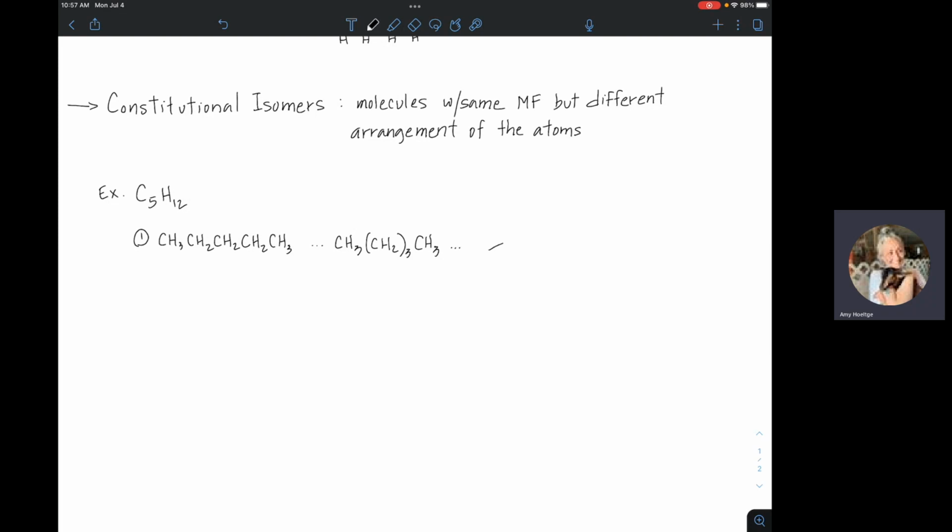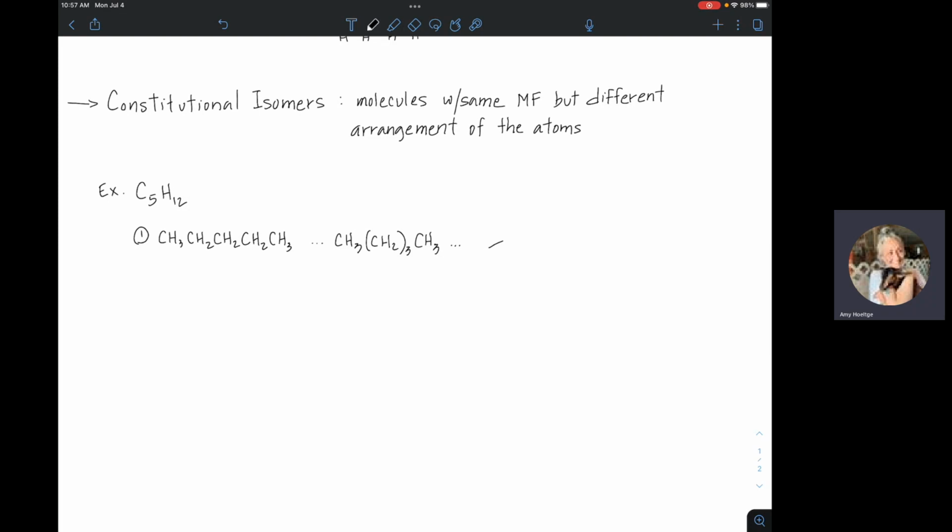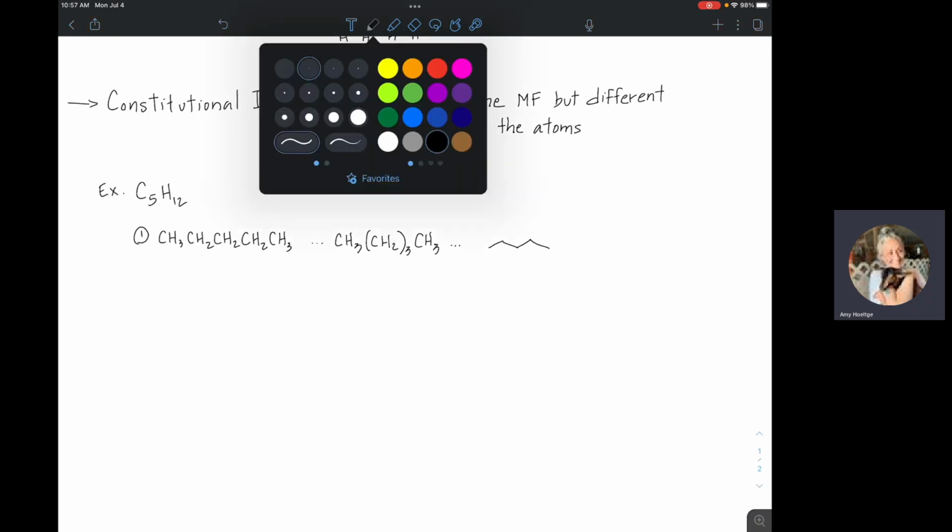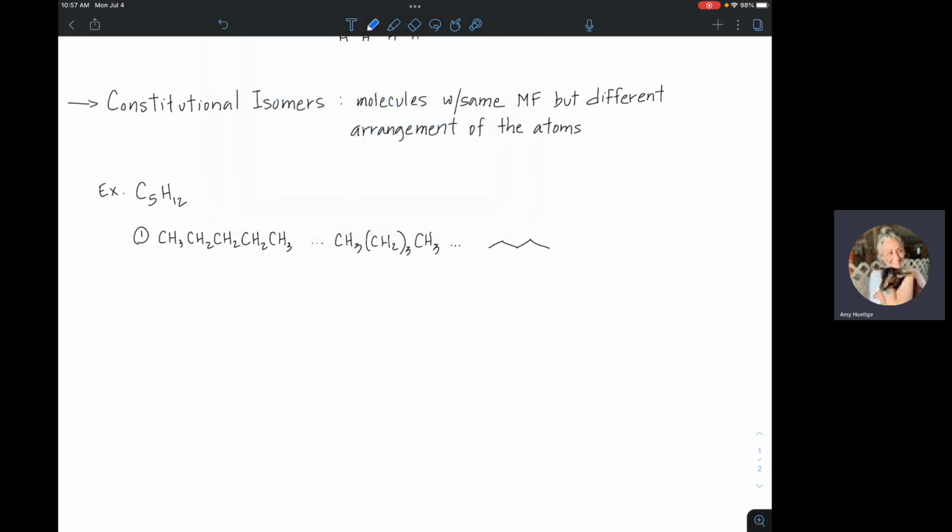Each point of that line is a carbon, and the hydrogens are implied, right? So I can number these just this first time so you can see what I'm talking about. There's one carbon, there's the second carbon, there's the third, there's the fourth, and there's the fifth.